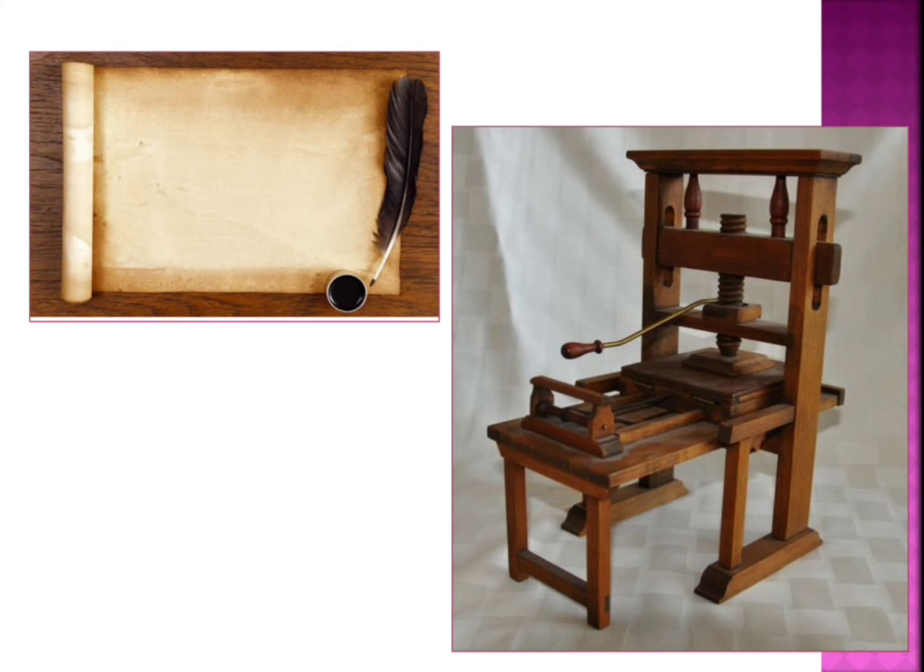Instead of writing two copies, if they have to make 10 copies, they have to write for 10 times. So instead of that, it was easier for them to print it with the help of this printing machine. Even now people use this printing machine for printing the newspapers, for content books, for magazines. So all these can be printed in short time, with the help of this printing machine, children.